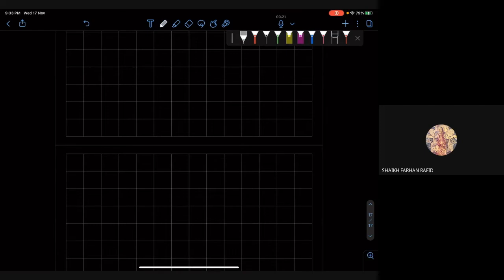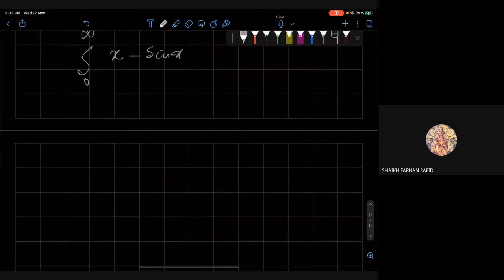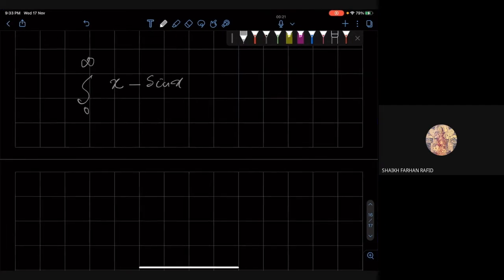So suppose that we have to do this integral from 0 to infinity of a function which is x minus sine of x, divided by x cubed. Now, the problem with this is that at x equals 0, the numerator is 0, right? But the denominator blows up.